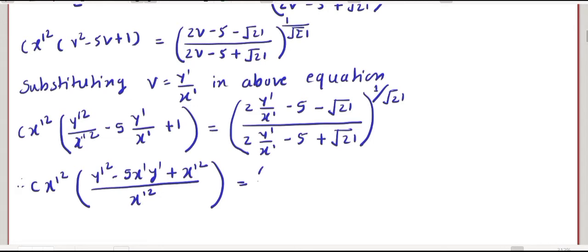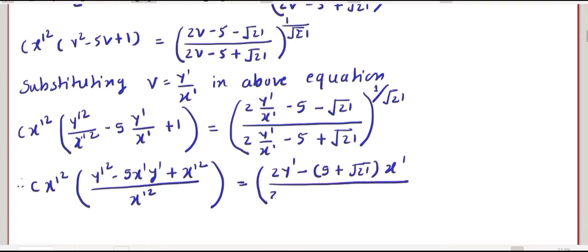We get here (2y dash minus, taking in the bracket, 5 plus under root 21 into x dash), because we are taking the x dash common from these two terms after simplifying, divided by (2y dash minus 5 minus under root 21 into x dash) raised to 1 upon under root 21.